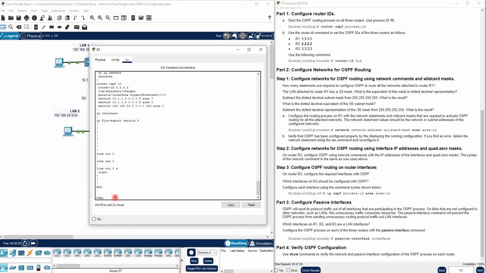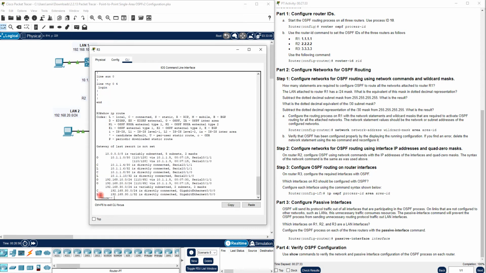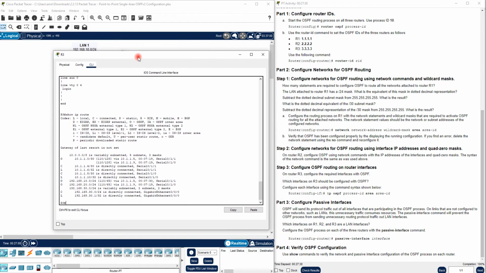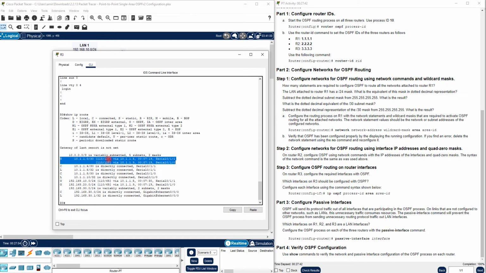And also you can write show ip route, and you can see the routing table, which routes you have configured. O means OSPF, and you should check that you have configured this network here, and this is the administrative distance for OSPF. By default it is 110.